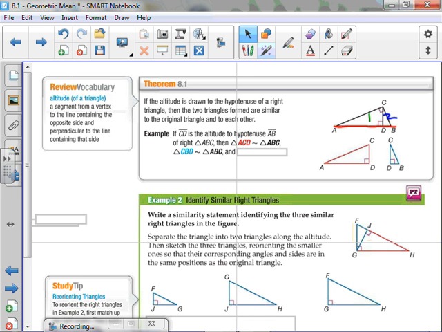Okay, so let's look at it. If we have triangle CBD, that's this one right here. And notice I started with my right angle.